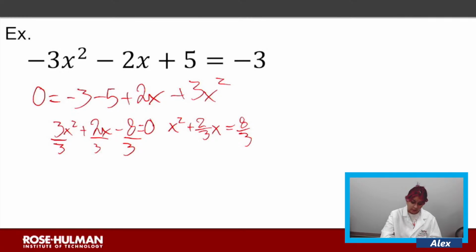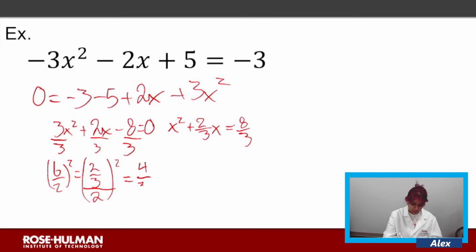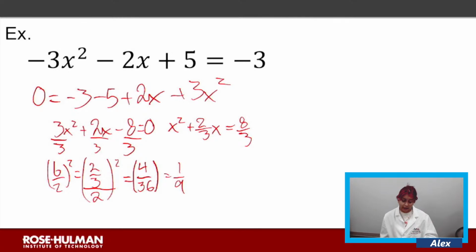Now we have to find our b/2 squared, which in this case we have 2/3 divided by 2, squared, which gives us 4/36, or 1/9. So add that to both sides of the equation.